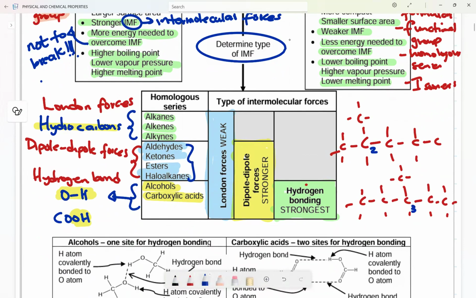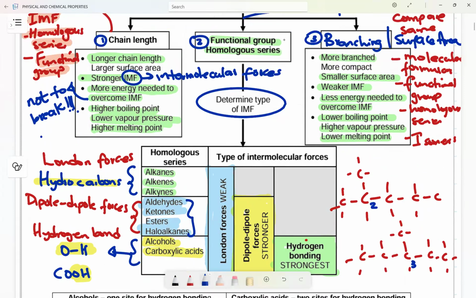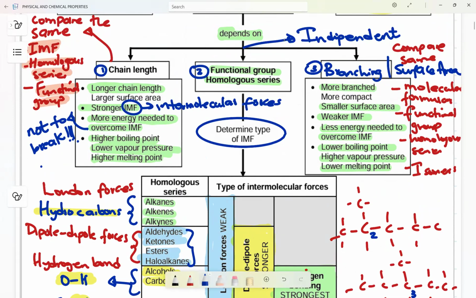This one, the branch is on position number 3. So these are what we refer to as positional isomers, because the position of the branch is different, but they are of the same homologous series. If I check the molecular formula for this one, it's C5H12. Similarly for this one, it should be C5H12. These are very important things that you have to look into.